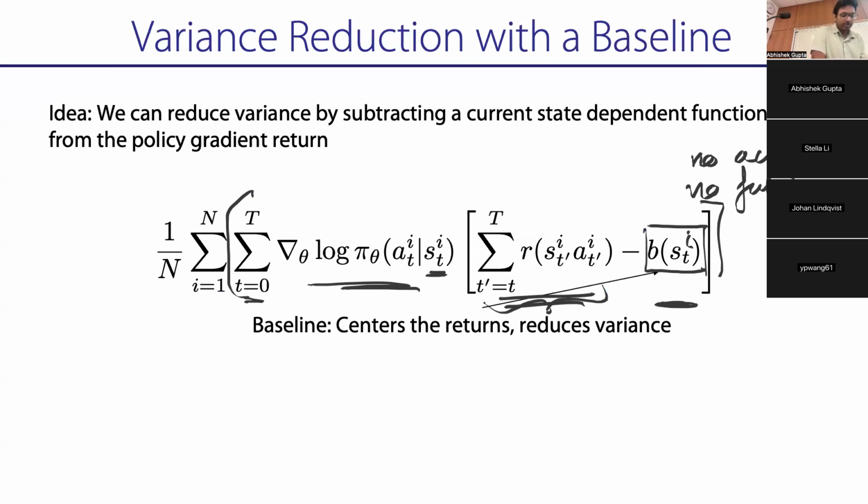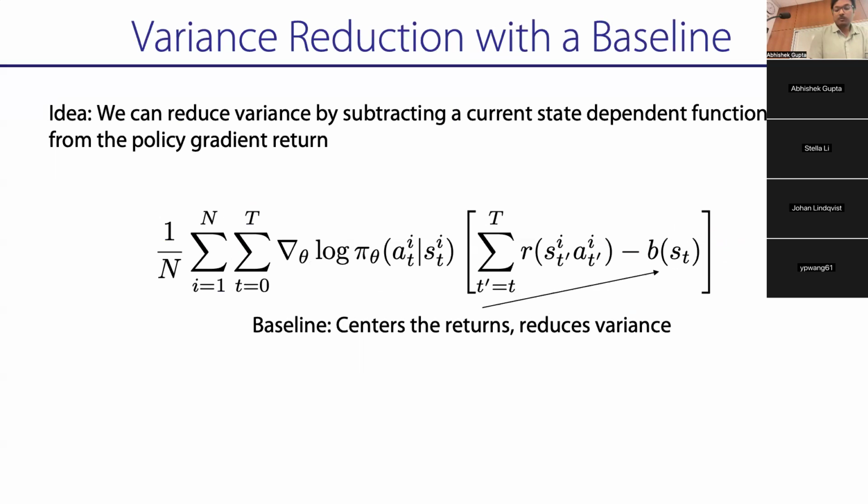Okay? And that's going to be our baseline. And we're going to argue that this is okay to do. It doesn't change the objective. So we're going to argue that basically it's going to be an unbiased estimator, which means that this expectation is going to be the same as your original objective, but it's going to be lower variance.